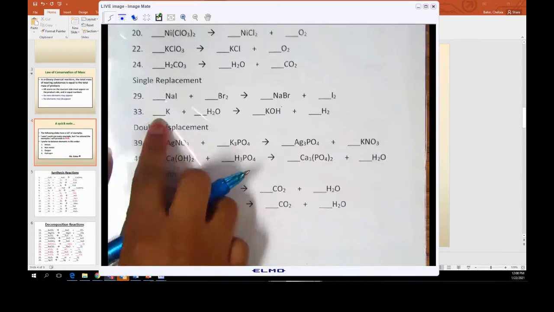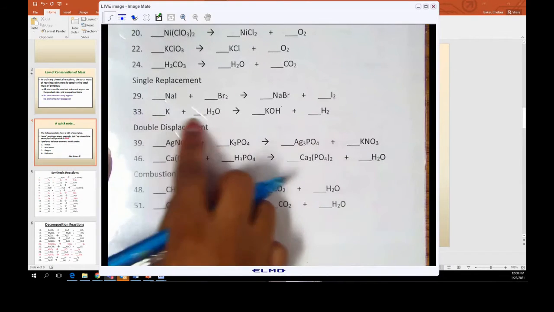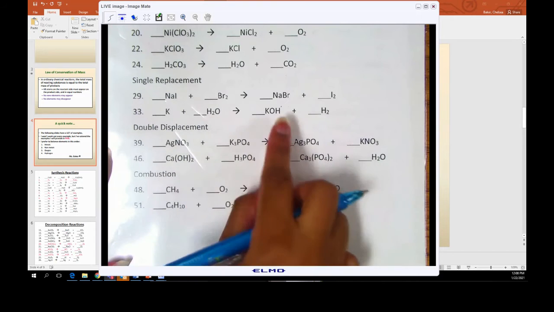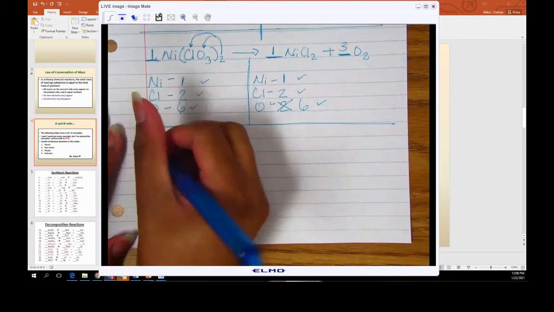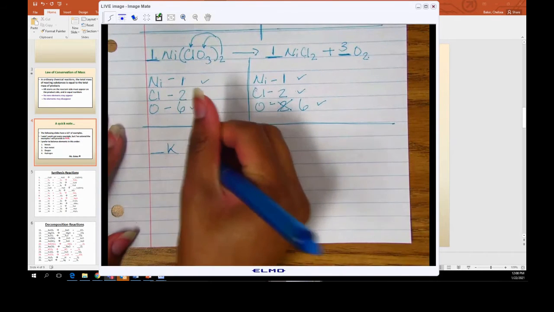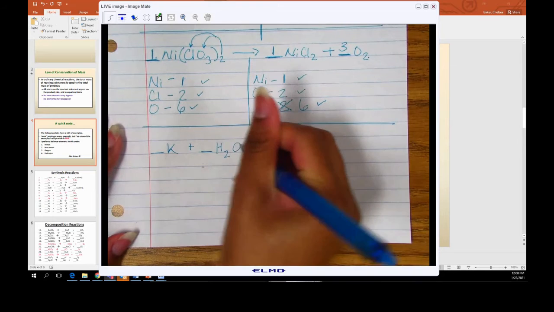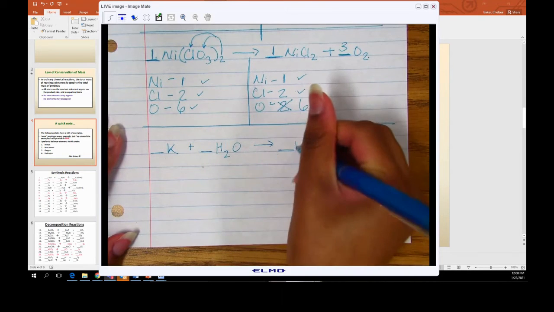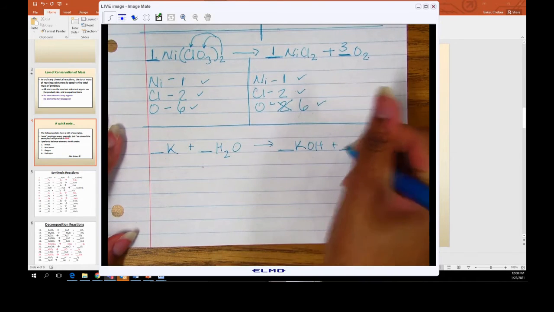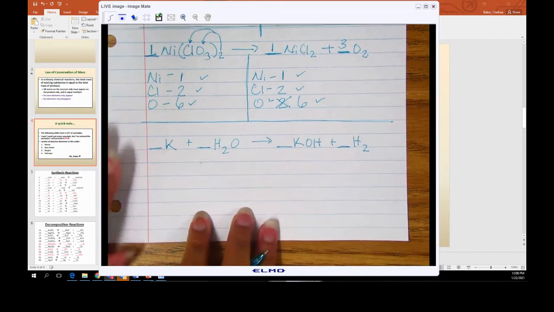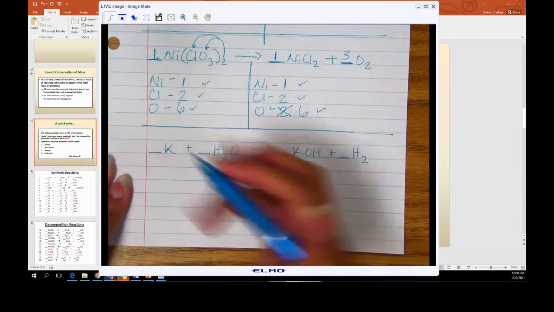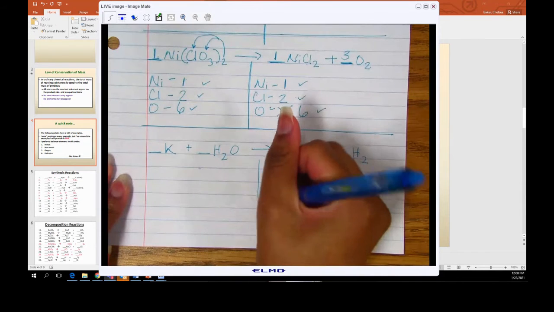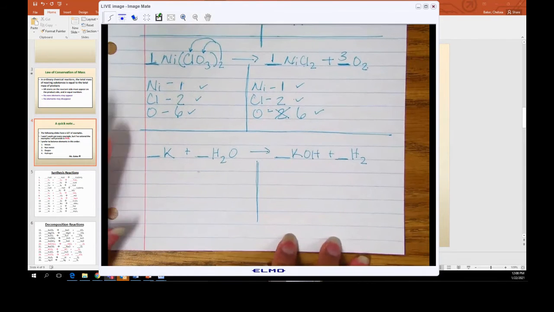One of the single replacements, so this one here, this K with water, so potassium and water yielding potassium hydroxide and molecular hydrogen. I've got my reactants on this side, my products on my right-hand side. So I draw a line down the middle where my arrow is.